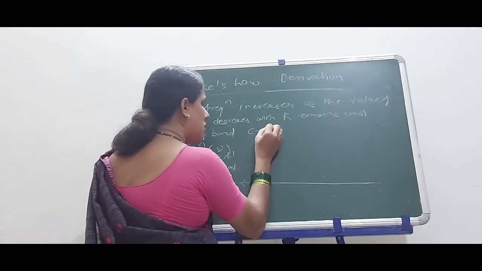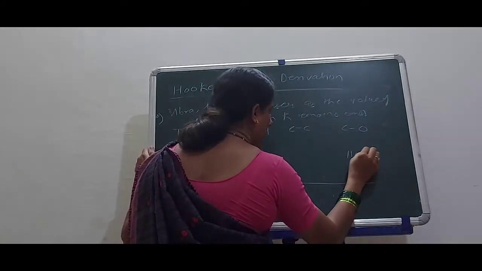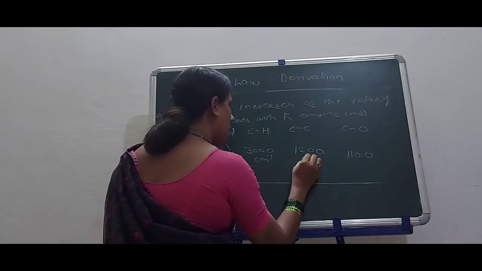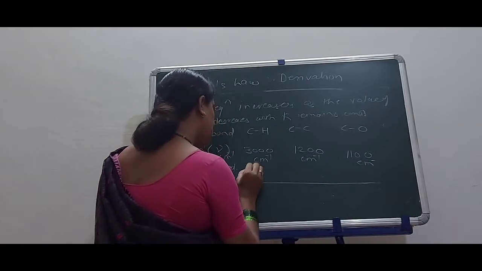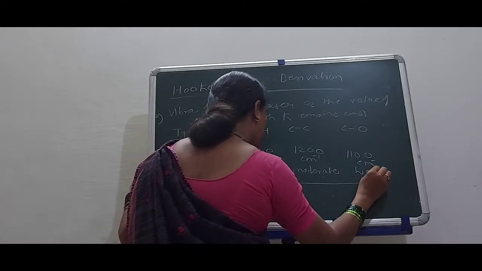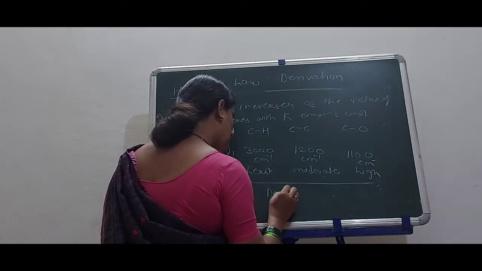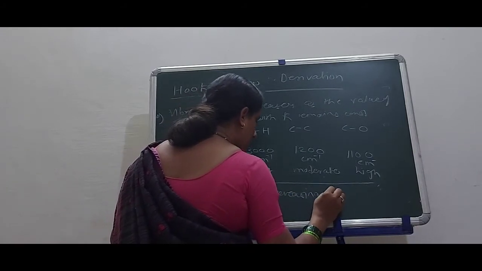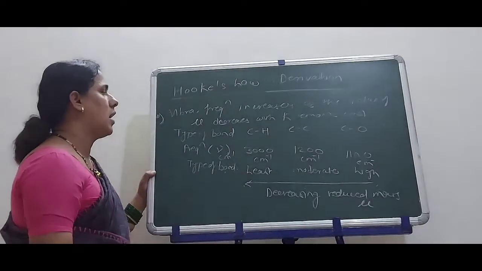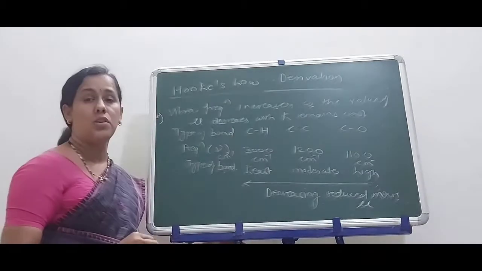Type of bond here: CH, then CC and CO. Now we will consider the bonds between carbon and oxygen, carbon and carbon, and carbon and hydrogen, each a single bond.